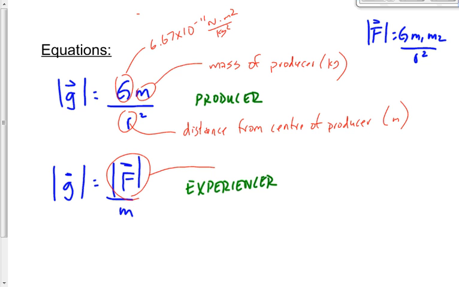What's this F? We're talking about the experiencer equation, right? The pen experiences a force of gravity. It's the force of gravity felt by something, experienced by something.